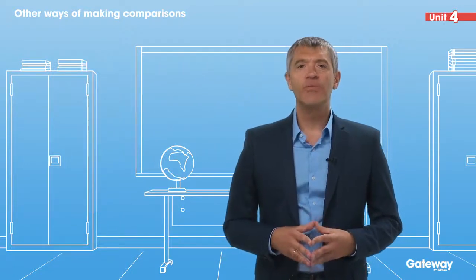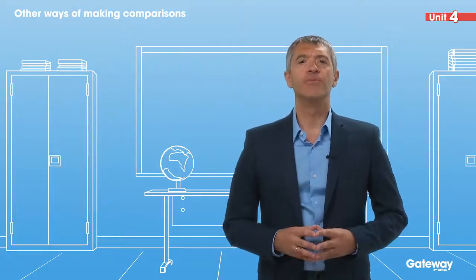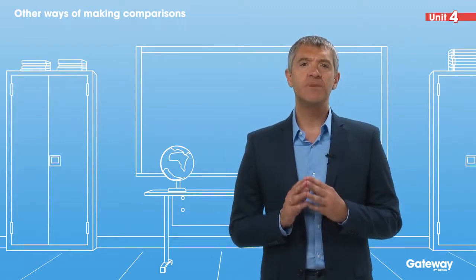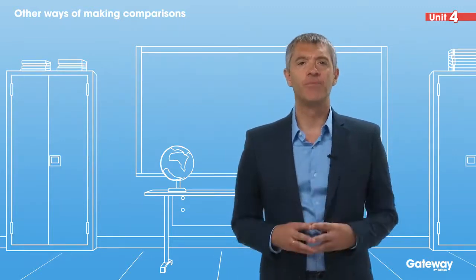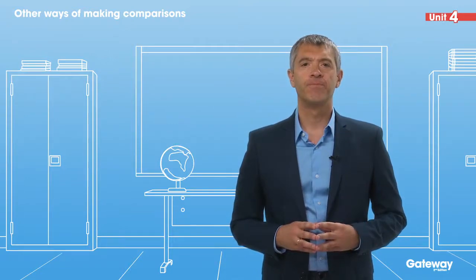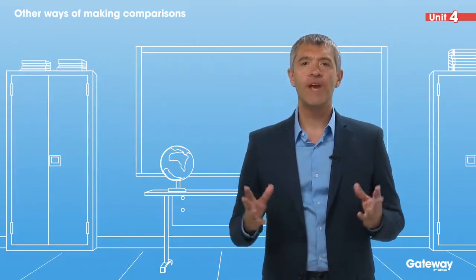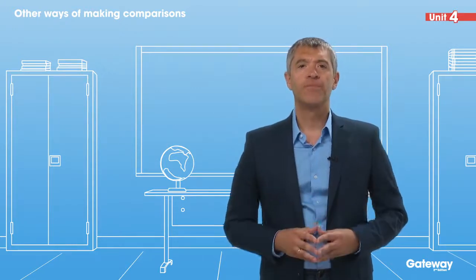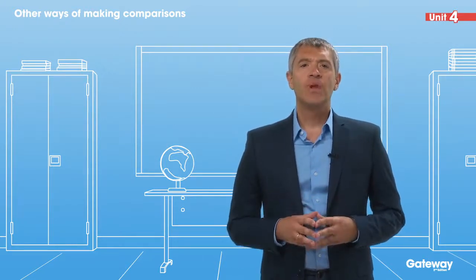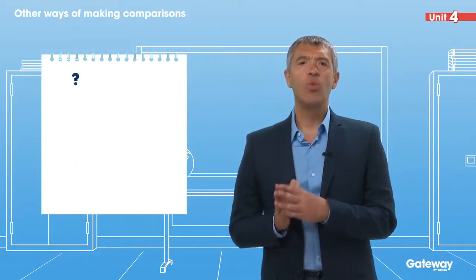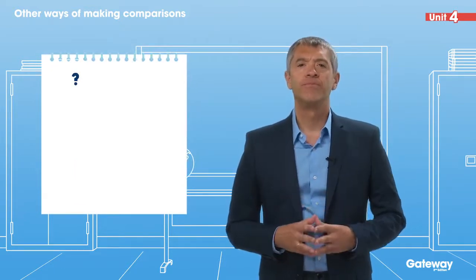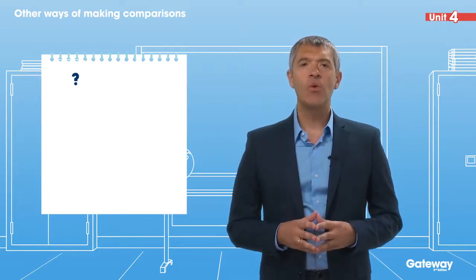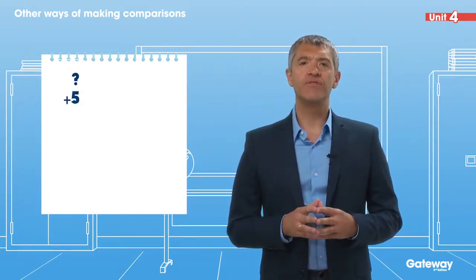I'm not Dynamo, but I have a little trick for you. I want you to pause the video a second to get a piece of paper and a pencil. Okay, you've got paper and a pencil? Good. Now, think of a number between 1 and 10. Okay, now add 5 to your number.